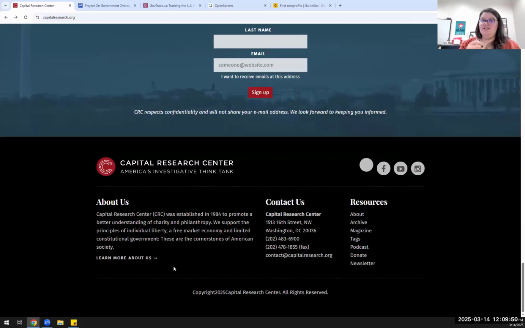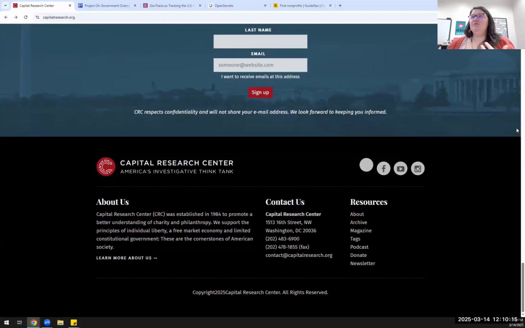And you'll notice there are these words about individual liberty, a free market economy, and limited constitutional government. And what is that? Libertarian, right? So they have a very conservative point of view, leaning into that libertarian, and they were established before the Tea Party, so I'm not even going to touch on that, but they're definitely a libertarian point of view. So we know what their bias is, and they're being very upfront about this, okay?